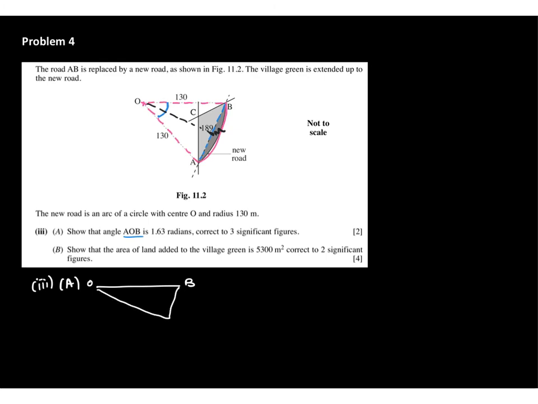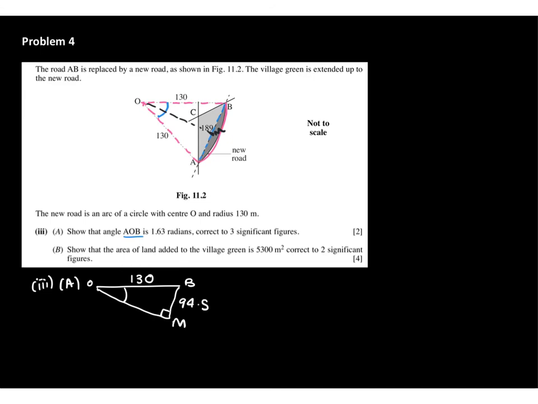So here is M, we get a right angled triangle, and this is half of the angle that I actually want to calculate here. So what do we know? Well, we know that this side OB is 130 metres, that's the radius, and we know B to M is a half of 189, so it's 94.5.